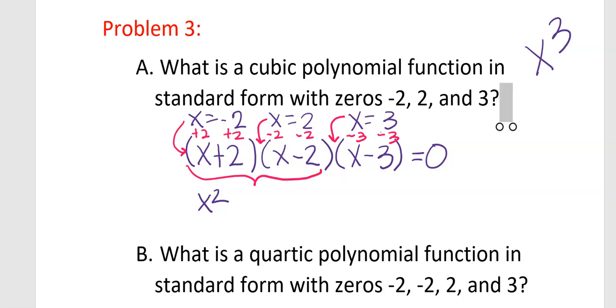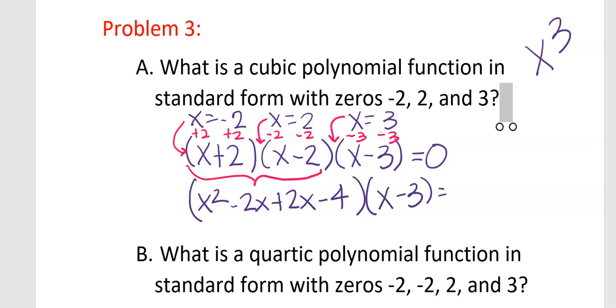I'm going to write them in this time, but I wouldn't if I was doing this one. So outside terms, -2x. Inside terms, positive 2x. Last terms, -4. Those cancel every single time. That's all we're doing is FOIL. And it doesn't matter if you do them in the wrong order because you still have all 4 terms.